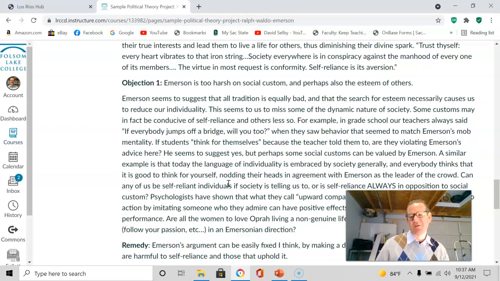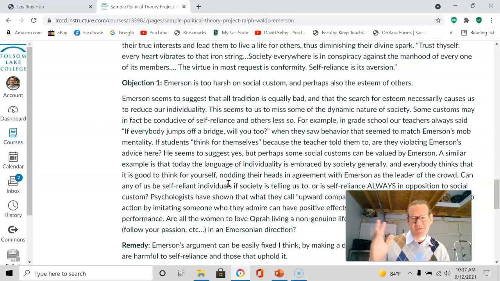But you look at America today, which is very different from Emerson's time when conformity was pretty high, but everyone's like, oh, we should all be individuals. And everyone agrees we should all be individuals. Well, okay, so now we're being individuals because our social custom is we should all be individuals, and that's how that argument looks, and I think there's some truth to that. So then a real individual is one who rejects individuality or something.